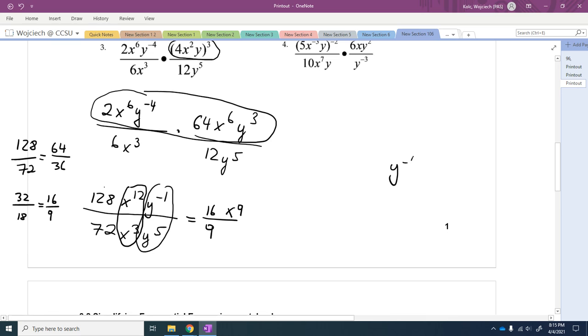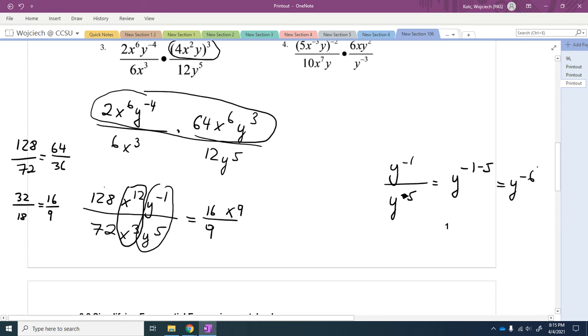y to negative 1st over y to the positive 5th. Okay, when we divide, we subtract. So negative 1 minus 5 becomes y to negative 6.